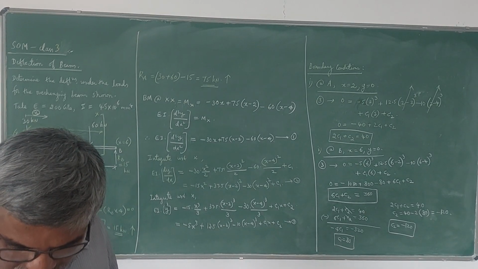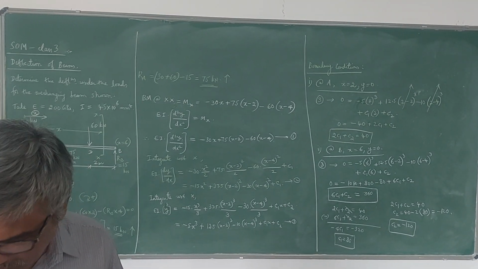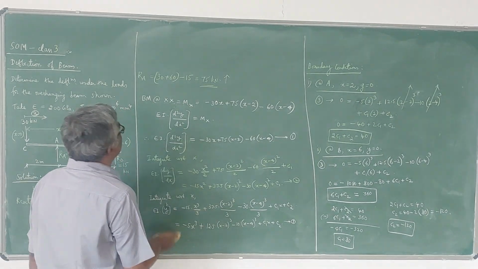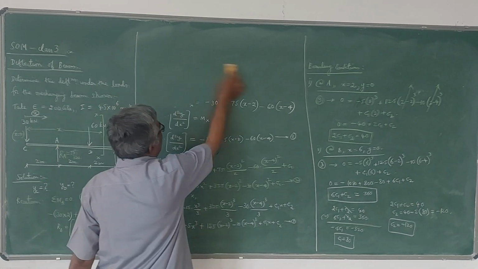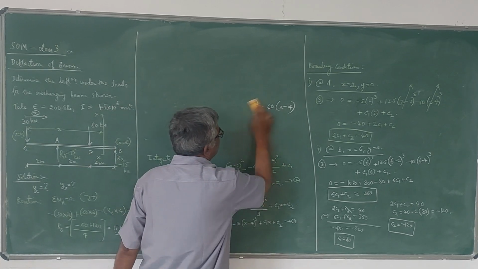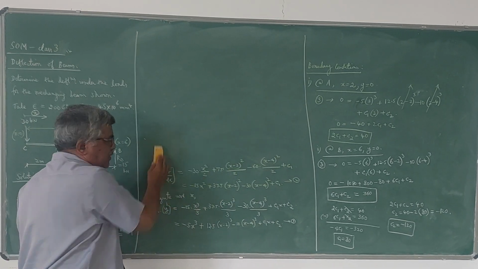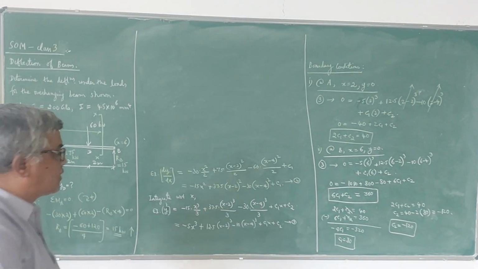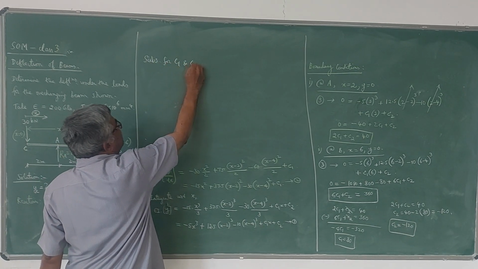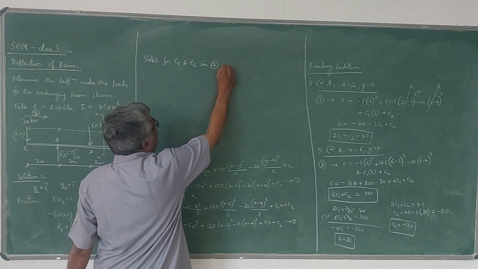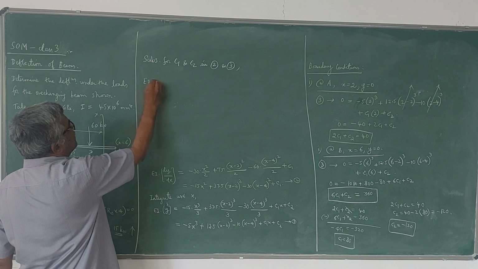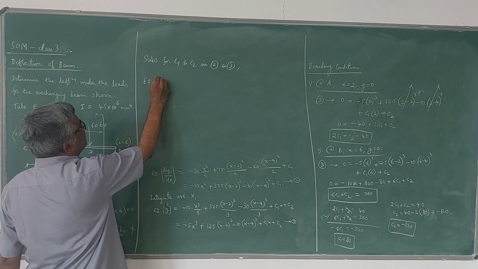Once you get these two constants of integration, substituting back in the equations of slope and deflection, that is 2 and 3, we can get the general slope and deflection equations. Now let us write the general slope and deflection equation by substituting C1 and C2 in 2 and 3. So equation 2 becomes EI into dy by dx, which is nothing but theta.